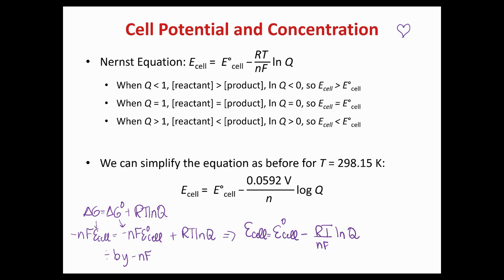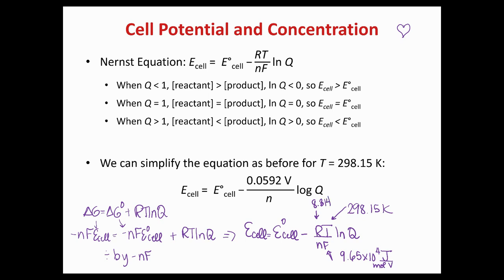Okay, so when we're looking at this equation, here's the interesting part: in what we've been studying, the temp has always been 298. We're not looking at other temps. F is a constant. R is a constant.